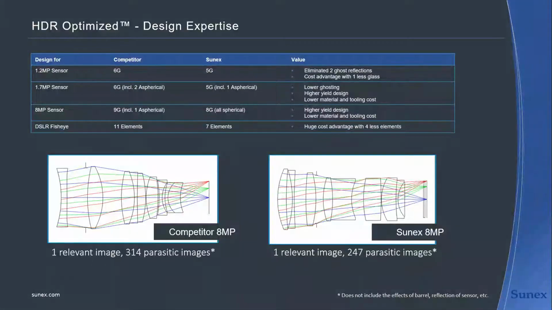There are lenses with 10, 11, 12, 13 elements, right? So if you take those formulas and use that for a lens with 10, 11, or 12 individual lens elements, and you can reduce just one element, you're shaving off hundreds, if not thousands, of parasitic images that can cause unwanted artifacts and noise in your system.